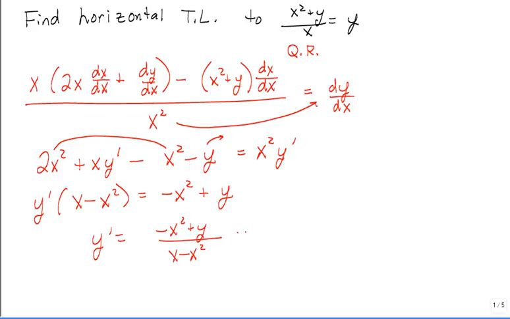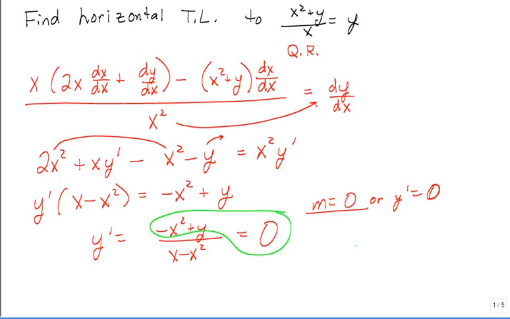So the horizontal tangent line happens when the slope is 0, or y prime is equal to 0. And that only happens when your numerator is 0. So this happens when y equals x squared. You're going to have a horizontal tangent line.